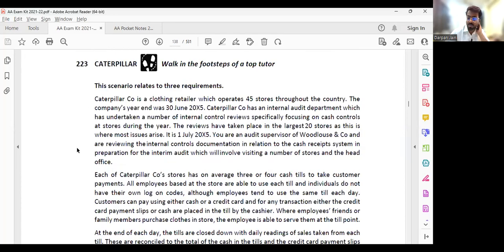It's a similar kind of question where again a case study is given and you are asked to identify the different internal controls, the different direct controls, write tests of controls for each direct control, and write the deficiencies in internal controls, the problems which are there in those internal controls.